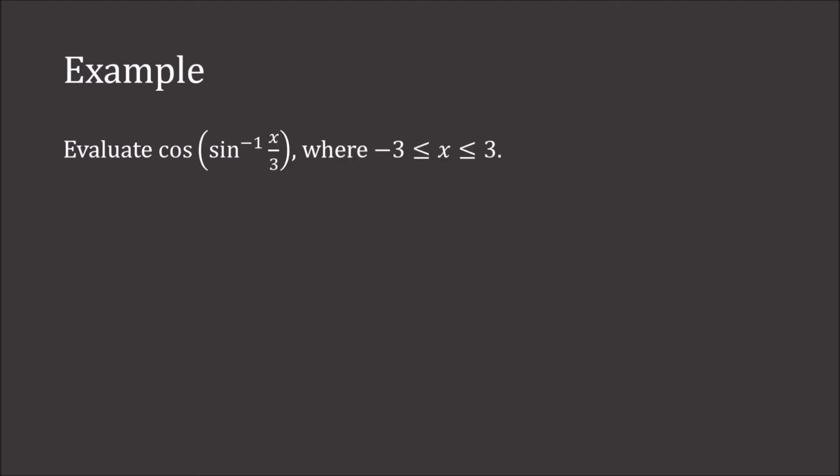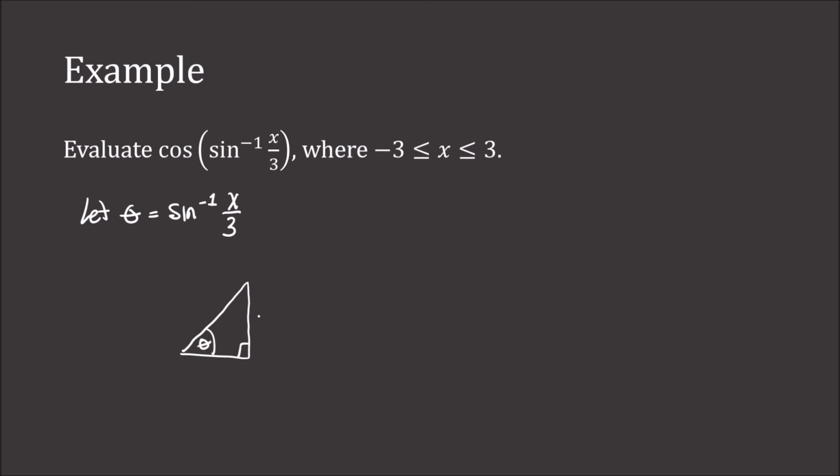Finally, we wish to evaluate the cosine of the inverse sine of x over 3, where x is in the domain -3 to 3. Even though x is a variable, we are still able to use right triangle trigonometry to figure this out. We let theta be the inverse sine of x over 3. We draw our right triangle as before.